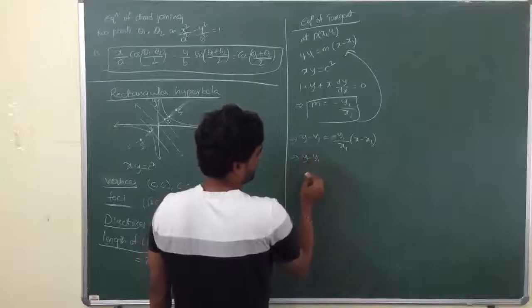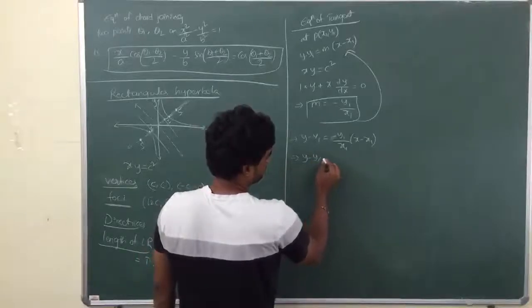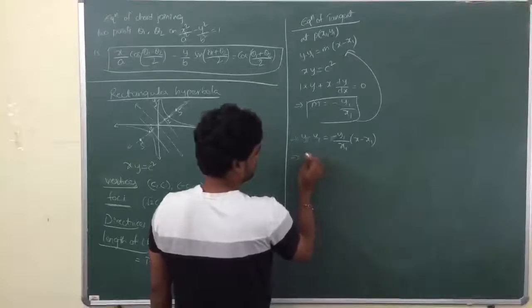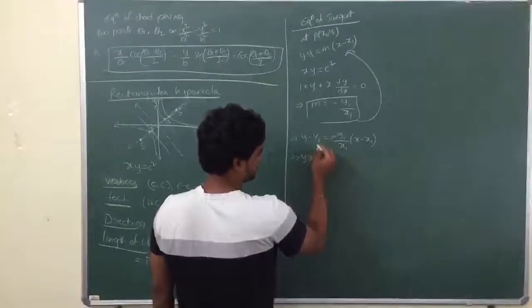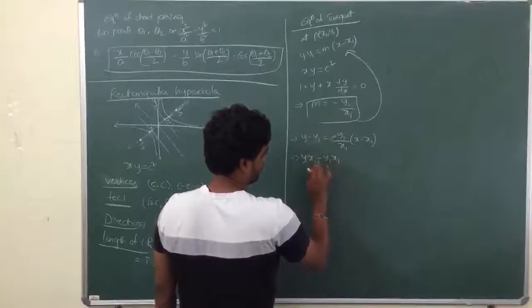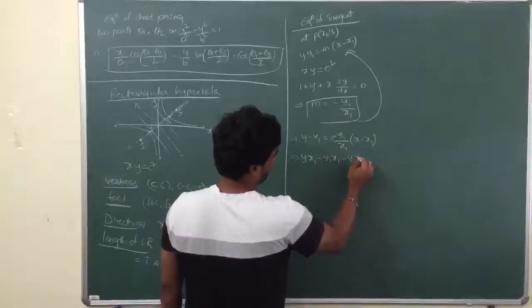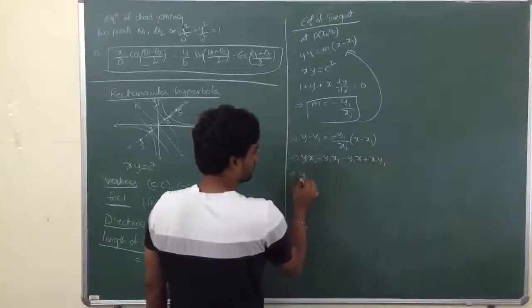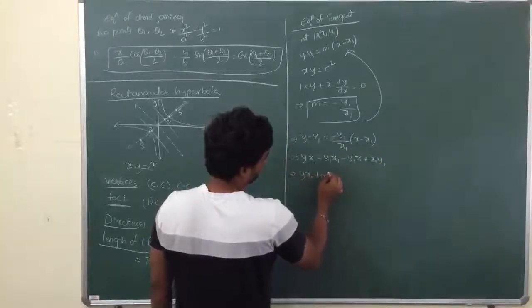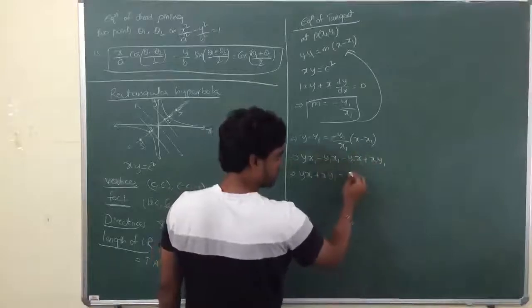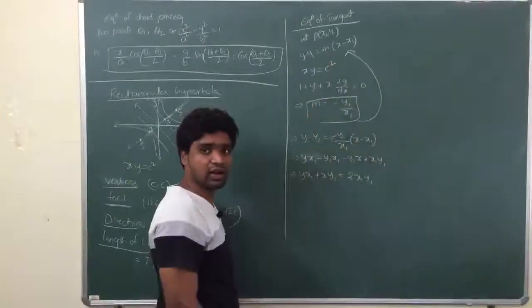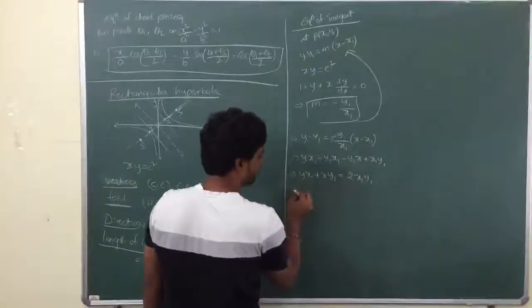So y minus y1 is equal to (minus y1 x plus x1 y1) by x1. So yx1 plus xy1 is equal to 2x1y1. x1 comma y1 is on the hyperbola, so x1 into y1 will be c square.